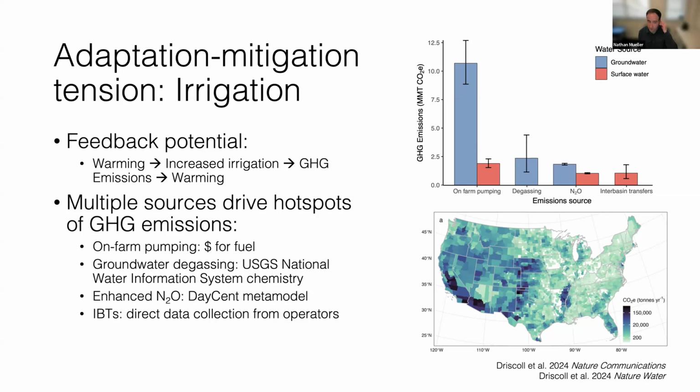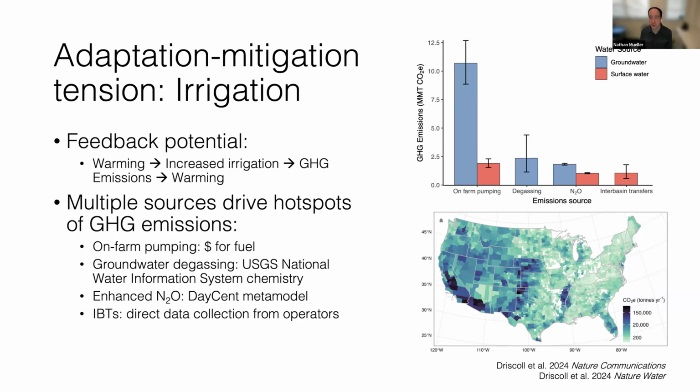We used the USGS National Water Information System data set to get at groundwater degassing. And for nitrous oxide, we partnered with Stephen Ogle's group and used the DayCent simulations that are used for the US National Greenhouse Gas Inventory, and we were able to create a meta model of those.